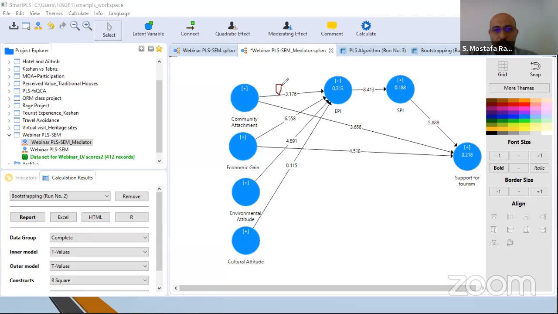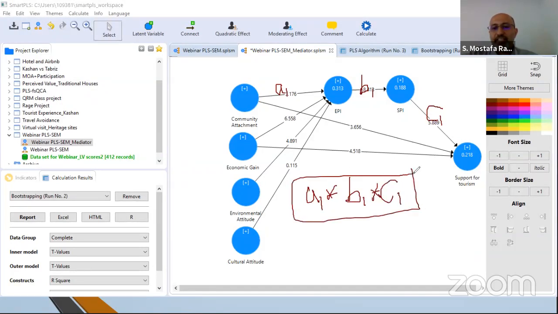For example, this is A1, this is B1, and this is C1. So you want A1 multiplied by B1 multiplied by C1. You want this indirect effect to confirm that the first mediator, EPI, and SPI mediate the relationship between community attachment and support. So you need to assess the significance of this term.